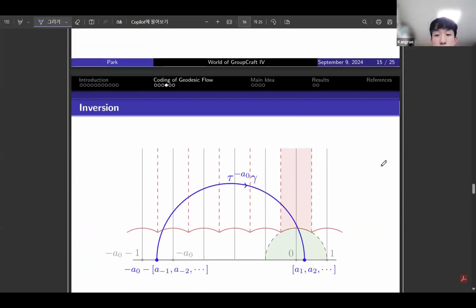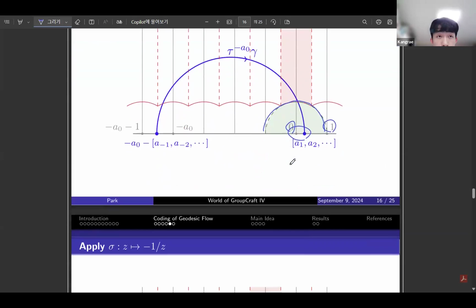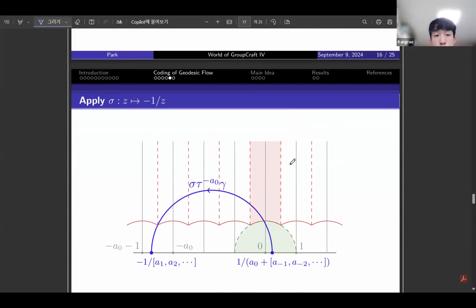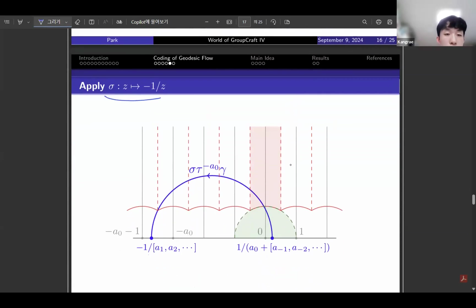Now, we want to take inversion here because the terminal point is between 0 and 1. We will take inversion with respect to this unit circle. So we apply sigma. Sigma was inversion, and it takes z to minus 1 over z.